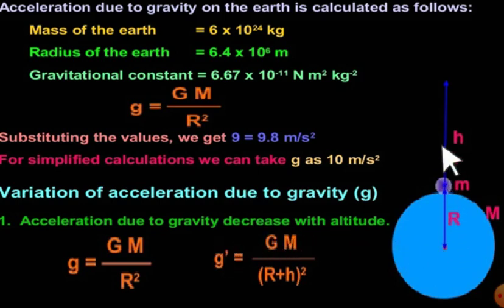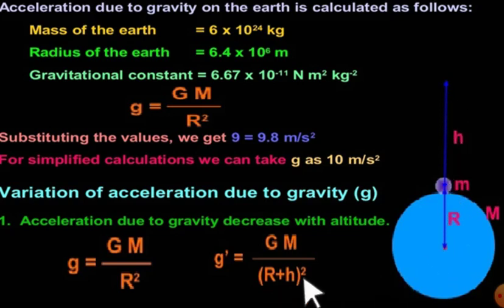If you keep on increasing the position of this object small m above the surface of the earth, then what happens? The distance between the earth and that object, r, will be replaced by R plus height. Got it? If your object is somewhere here, then we can't take the distance between this object of mass m and the earth as the radius. Rather, you have to take R plus height as the distance between that object of mass m and the center of the earth.